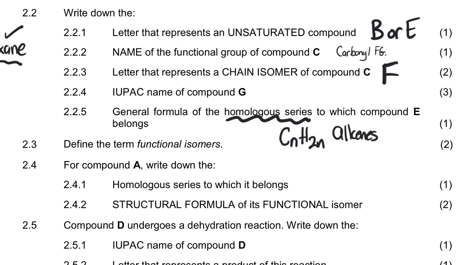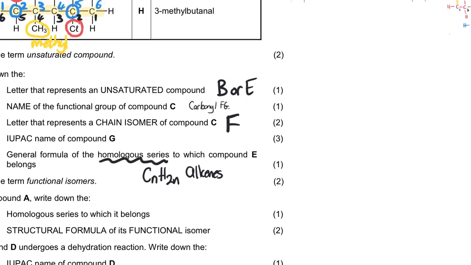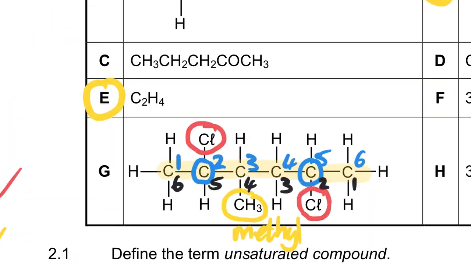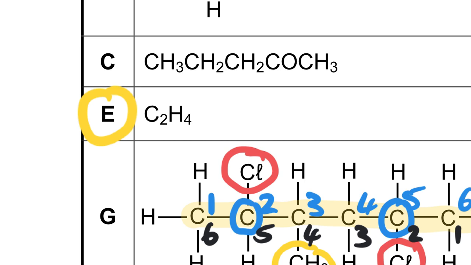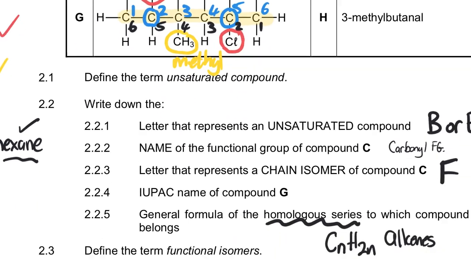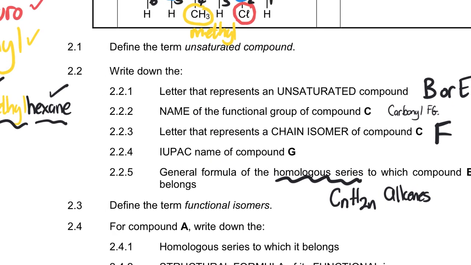And we can see that it satisfies that because we have C2, N is 2, 2 carbons, and 2 times 2 is 4.